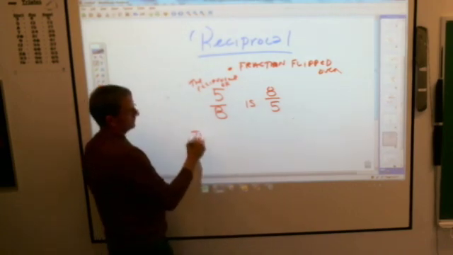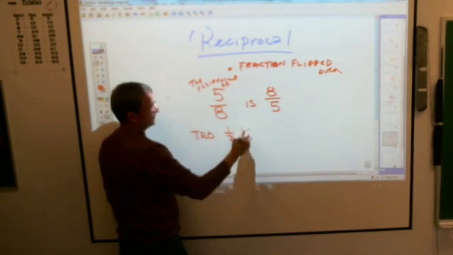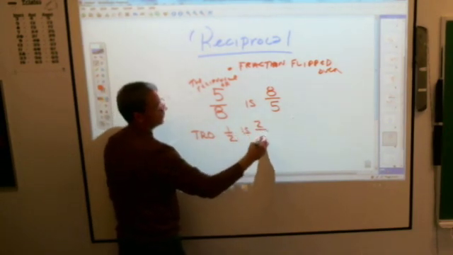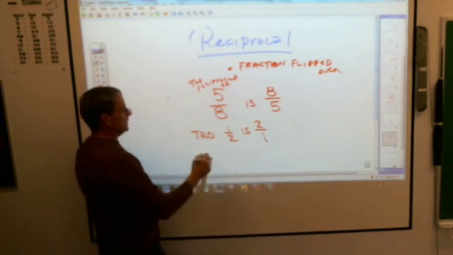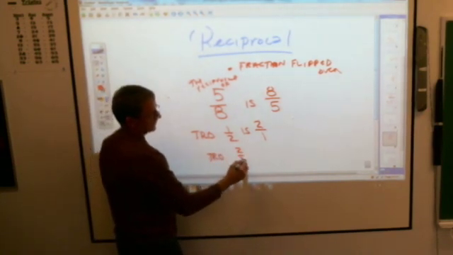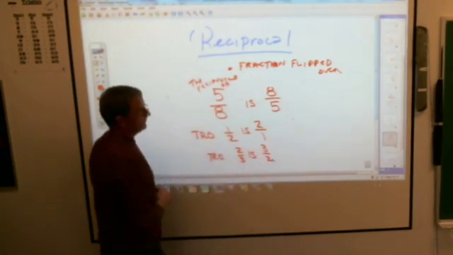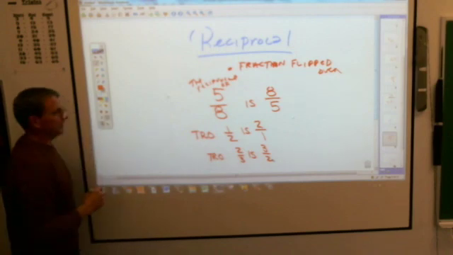The reciprocal of 1/2 is those two numbers flipped around, 2/1. The reciprocal of 2/3 is 3/2. Doesn't seem like reciprocals are too tough, correct?